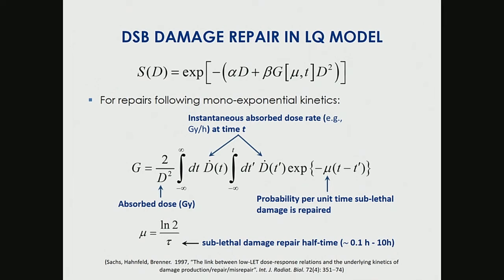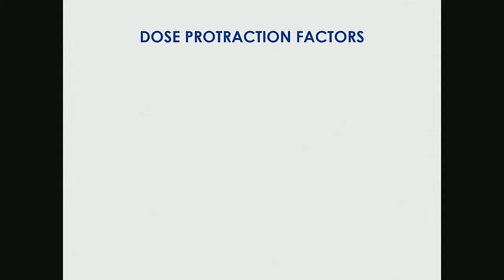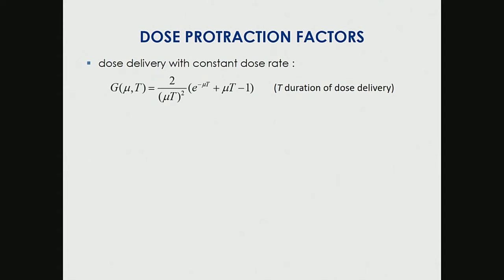As we showed yesterday, this dose protraction factor has been worked out for a number of brachytherapy situations. This shows a situation where we deliver the dose at a uniform dose rate for a finite time.